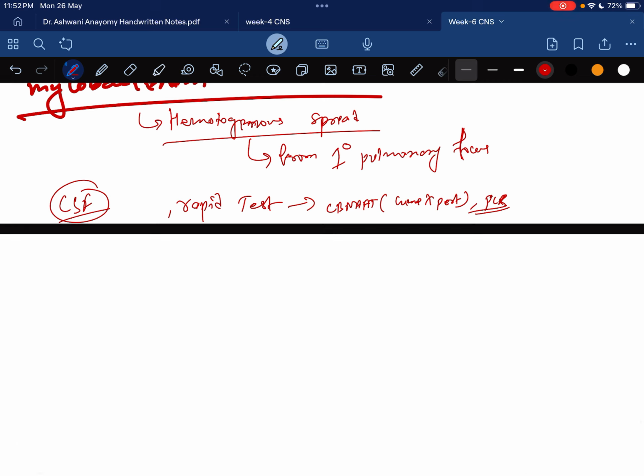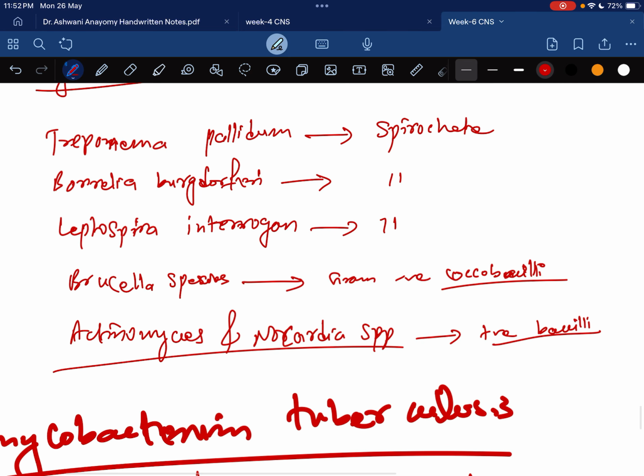Moving on to other organisms. Treponema pallidum is a complication of syphilis, with CSF lymphocytic pleocytosis and a raised protein.